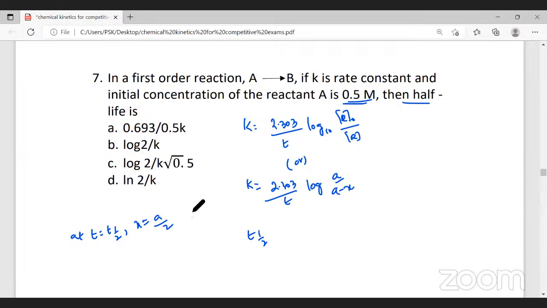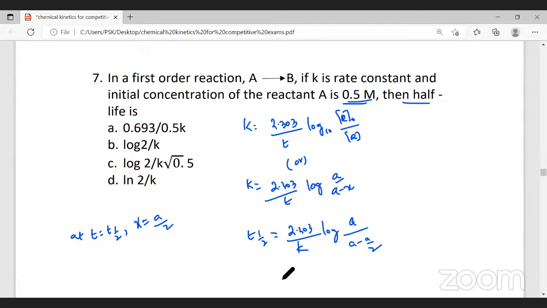A is the initial concentration. 50% of the reaction would have completed. So 50% of A is A by 2. So T half will be equal to 2.303, I can take this K to the denominator, log of A by A minus A by 2.